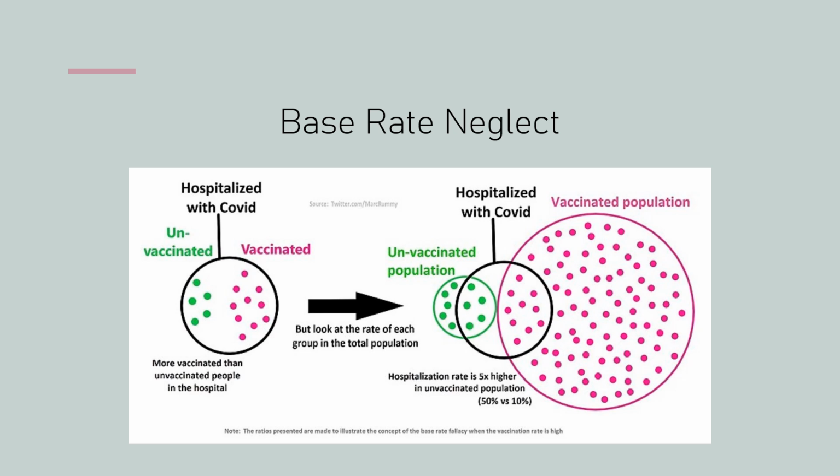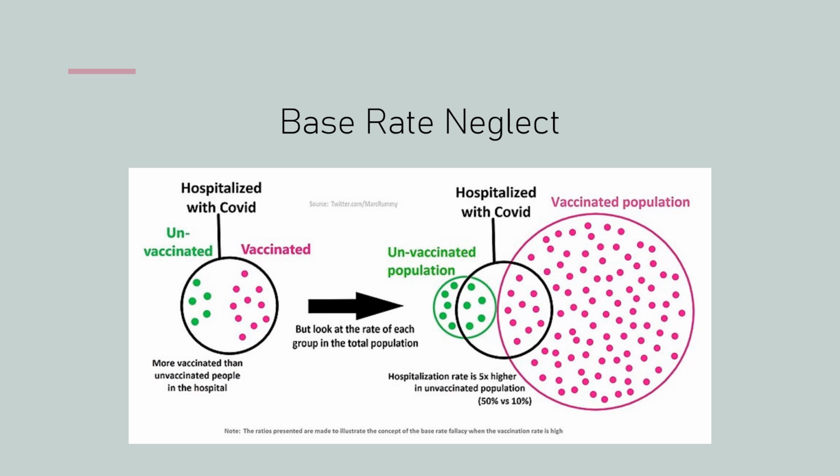There's an example in the textbook where people are misjudging a person being an engineer or a lawyer based on the description of the person and ignoring background information about the percentage of lawyers and engineers in the sample. Now, if you look at this hospitalized with COVID example, it's exactly the same.